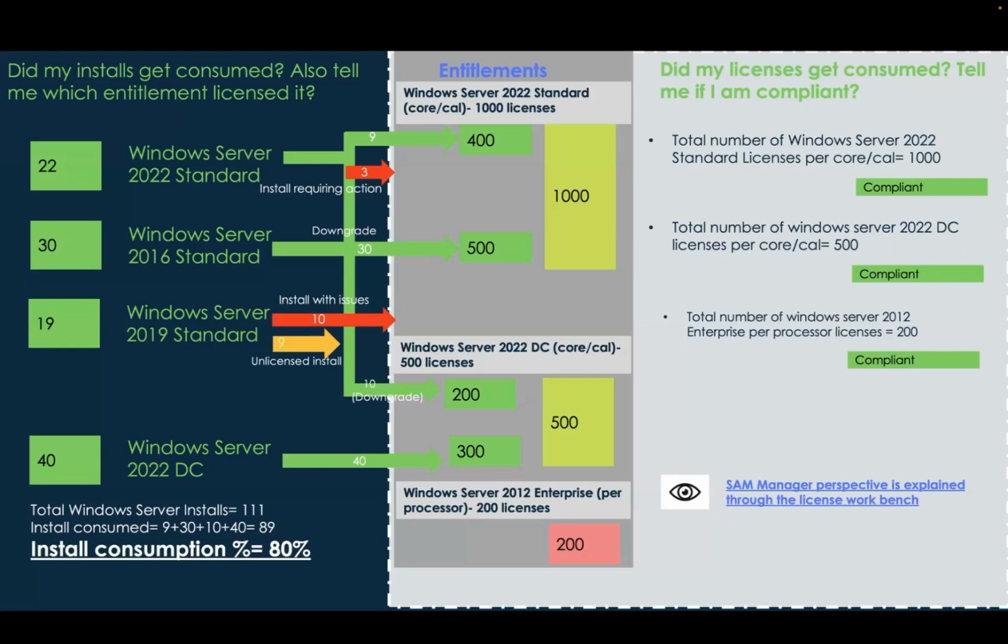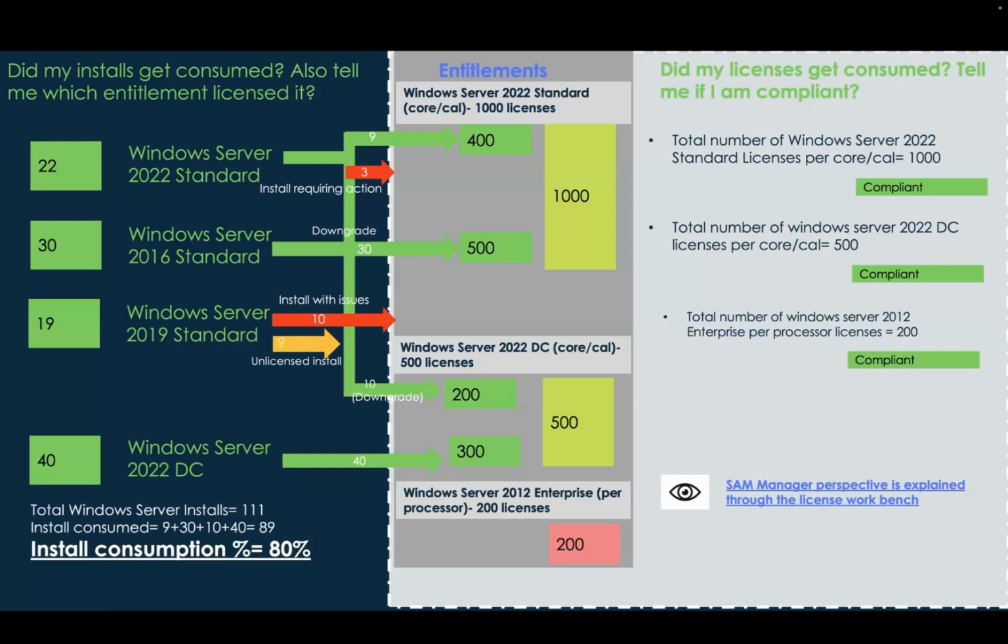For example, in this case, the total number of Windows Server standard licenses were 1,000, and you are compliant. For 2022 data center, you've got 500 licenses and you're compliant. And on 2012 enterprise per processor license, you have 200 licenses and you're compliant. It also shows you the number of licenses that are required.